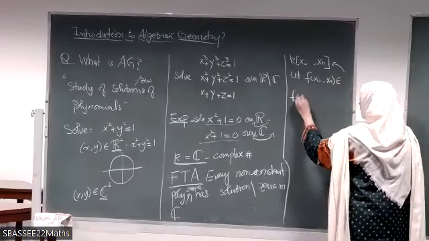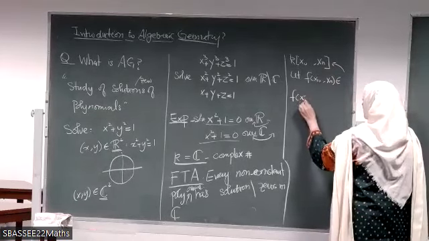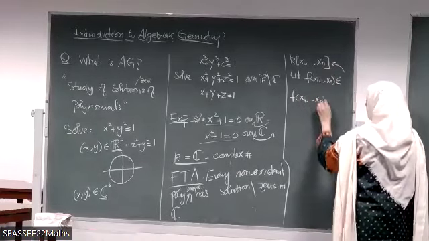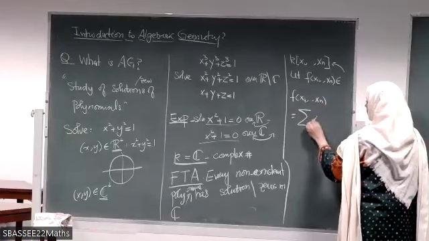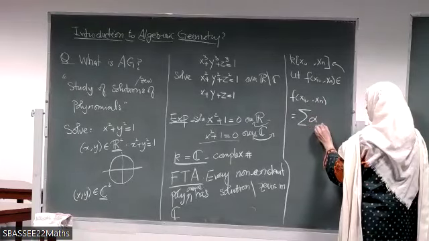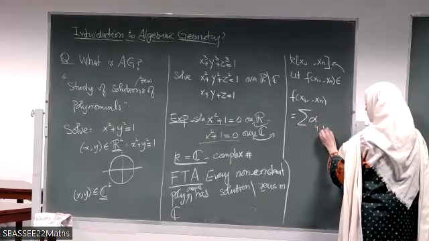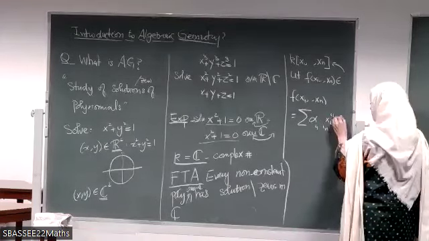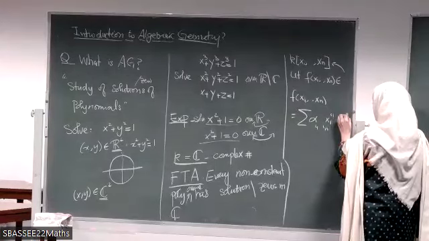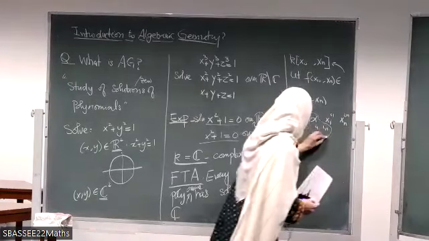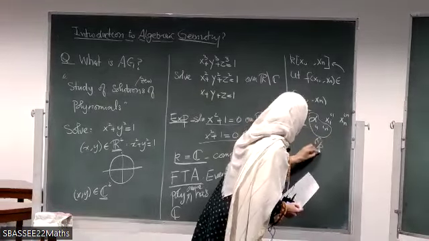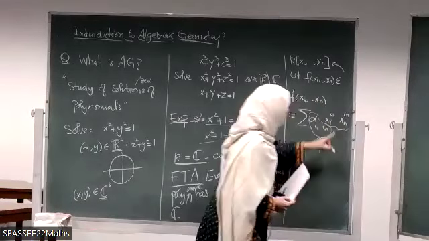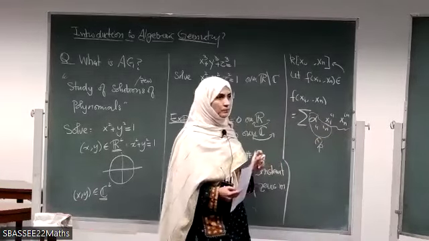So it can always be written in this way. These are coefficients which are in K, and usually these are called monomials, which are written in this form. Right?